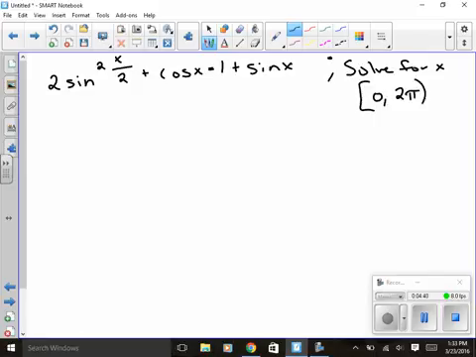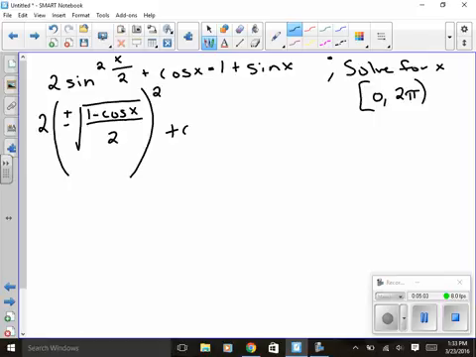The first thing I'm going to do is see that I have an x over 2, so that tells me that I need to use that half identity. So I'm just going to rewrite that sine squared of x over 2 as 2 times plus or minus the square root of 1 minus cosine x over 2, and all of that is squared.